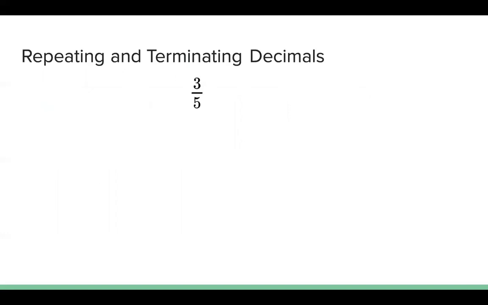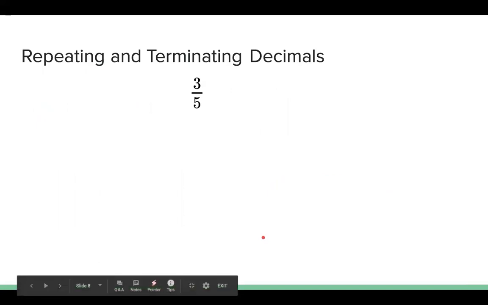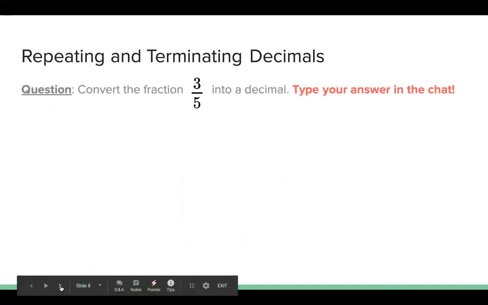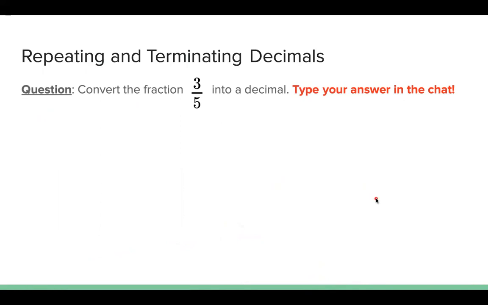Not all decimals are like this. Not all fractions are like that. So try converting 3/5 into a decimal. Three divided by 5. All right. 0.8, or is it 0.6?